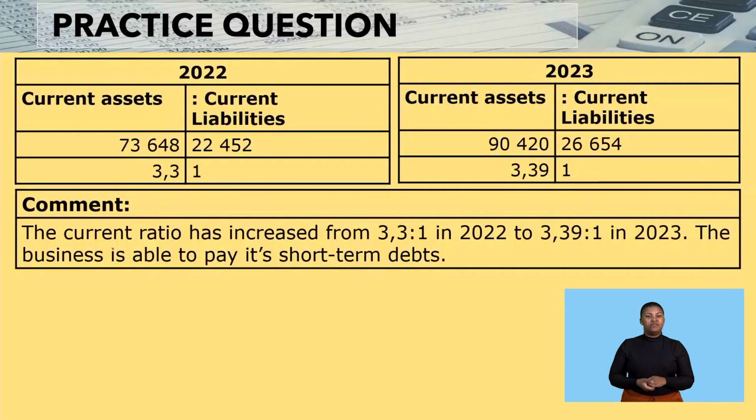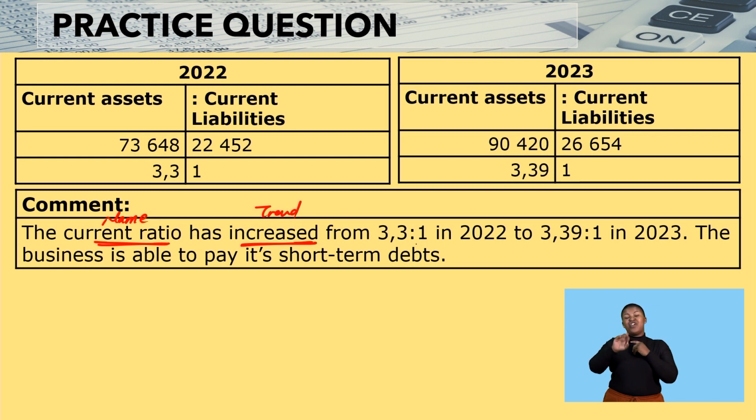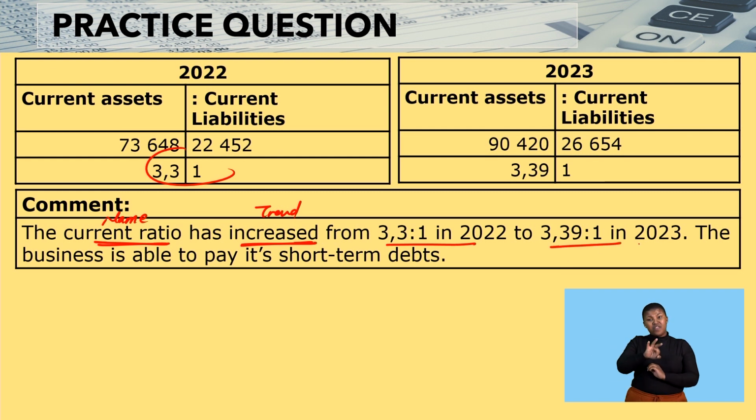Let's go and see. The current ratio, this is my name. The current ratio has increased. Increase is the trend, from 3.3 as to 1 in 2022. There is the 2022 amount. To 3.39 as to 1 in 2023. There is the 2023 figure.